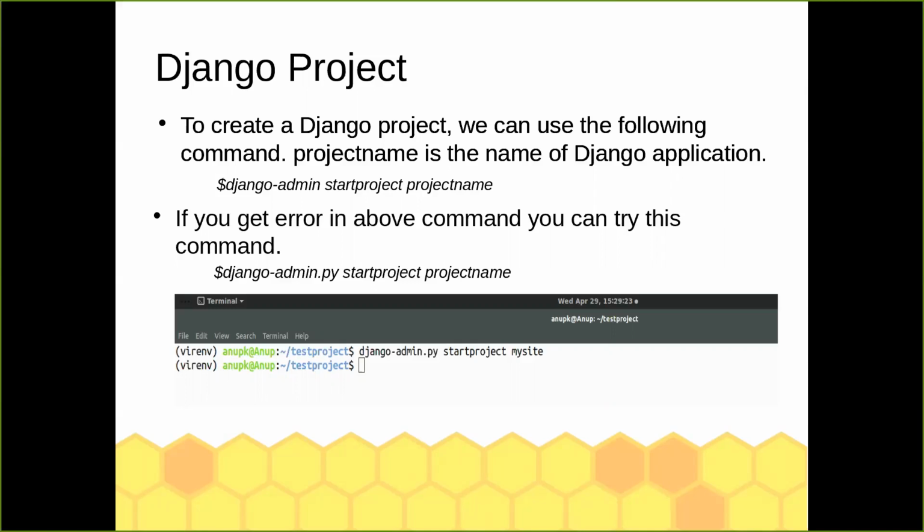Project name is the name of the Django application. If you get an error in the above command, you can try this command: django-admin.py startproject project-name.